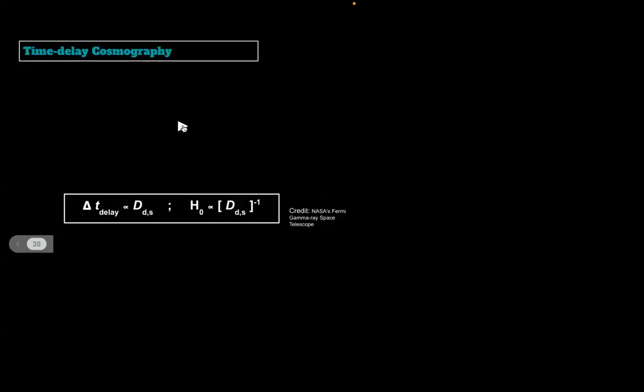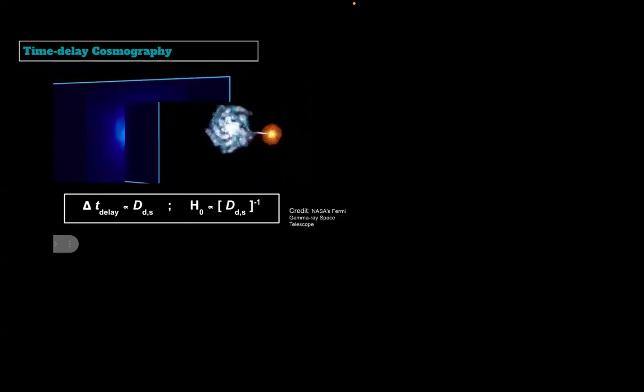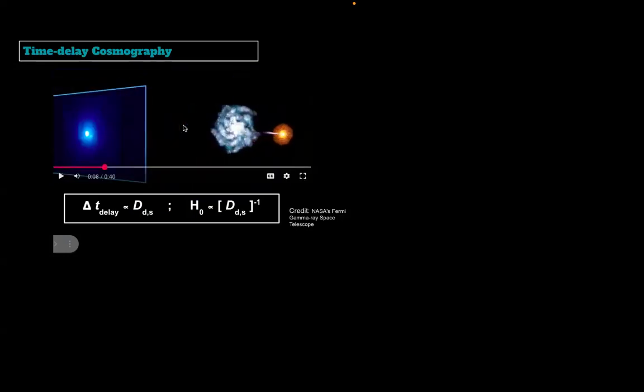So how does time delay cosmography work? Here you can see that there is another transient thing going on. Here, this is a massive galaxy. And behind this massive galaxy, there is a blazar or AGN or any transient source.